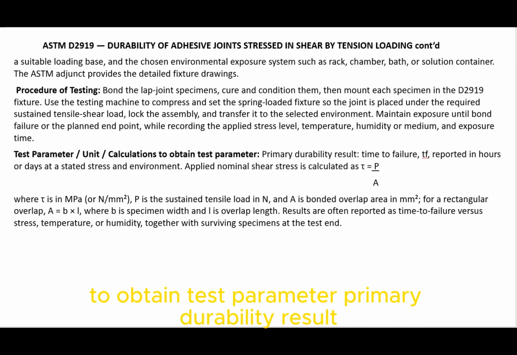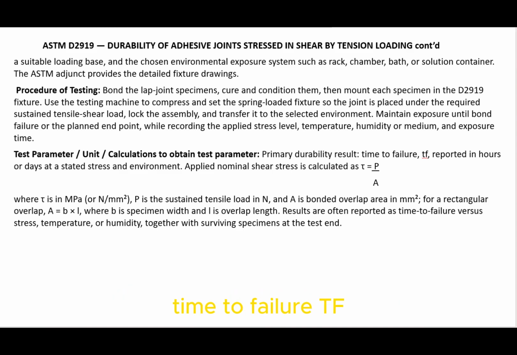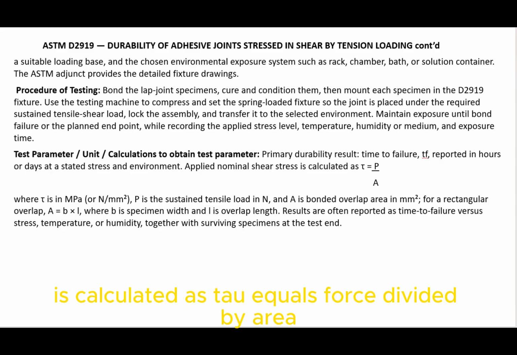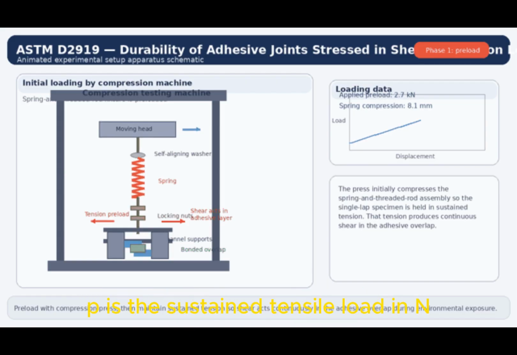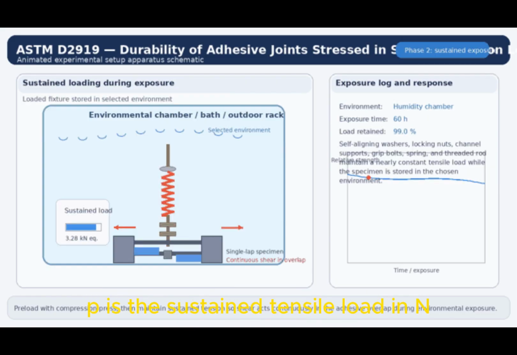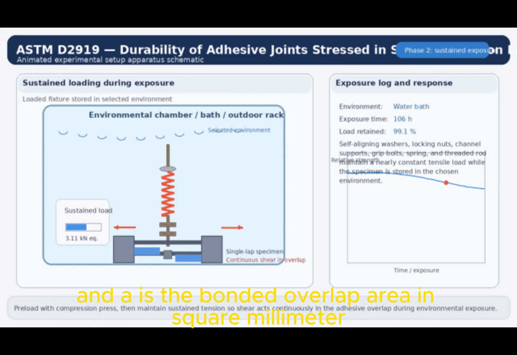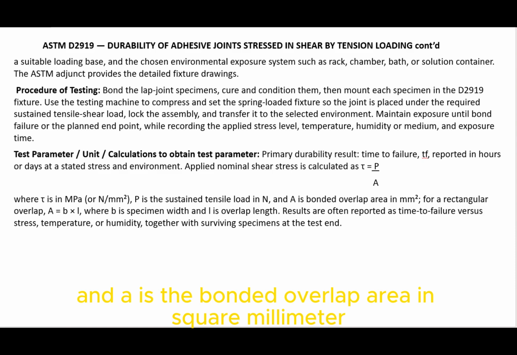Test parameter/unit/calculations to obtain test parameter: primary durability result, time to failure, TF, reported in hours or days at a stated stress and environment. Applied nominal shear stress is calculated as tau equals force divided by area, where tau is in MPa, or Newton per square millimeter, P is the sustained tensile load in N, and A is the bonded overlap area in square millimeter.